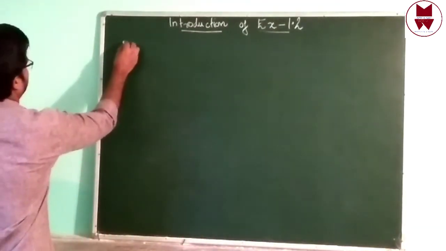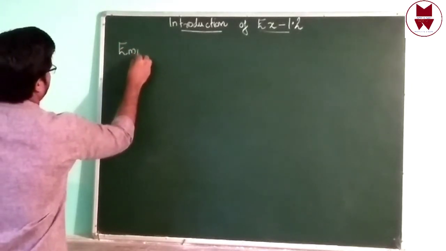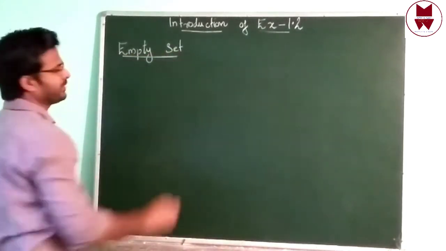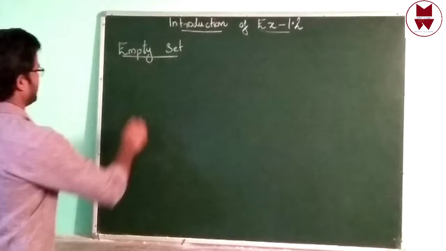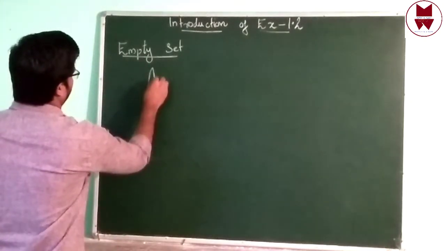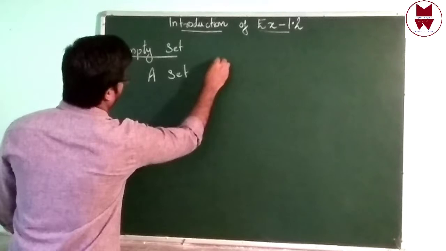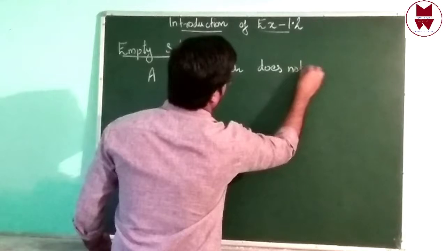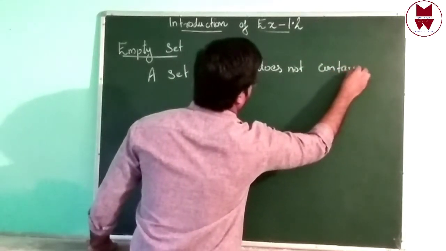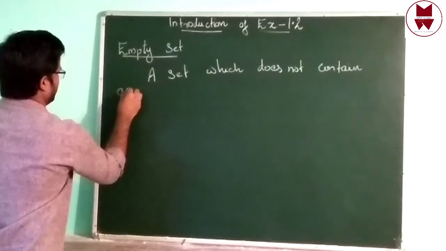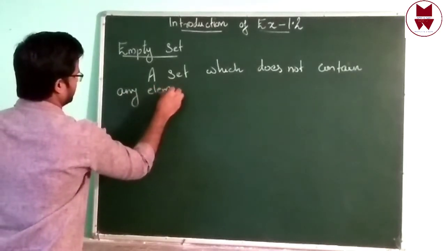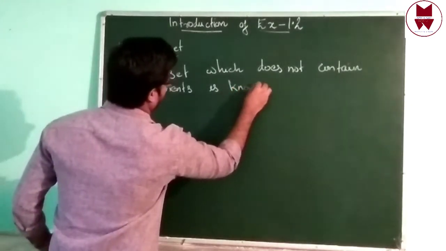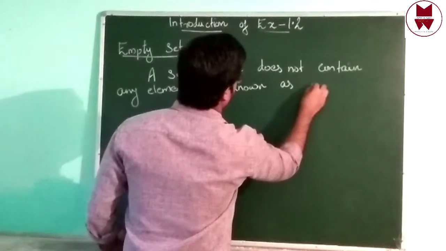The first set is the empty set. What is an empty set? We can write the definition of an empty set: a set which does not contain any elements is known as an empty set.